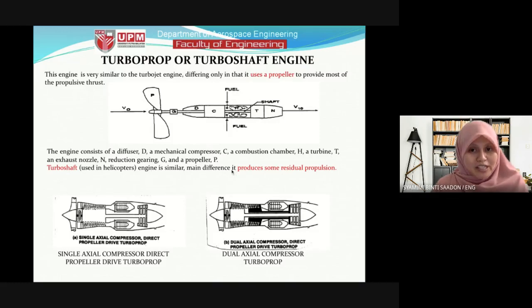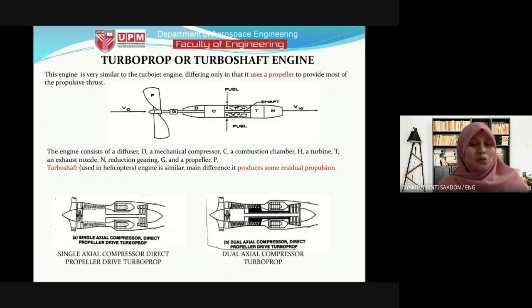There are still aircraft that use turboprop engines, especially for domestic flights. If you take a domestic flight in Europe, because of this pandemic we seldom fly right now, they still commonly use turboprop engines for short distance flights, for example from France to Italy or to Switzerland, only one to two hours of flight.